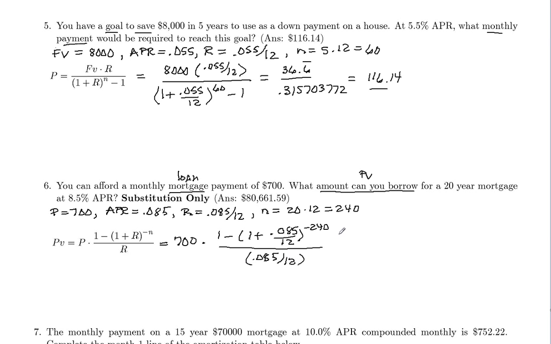All right, so then there's keying this guy in. Okay, now if it just says substitution only, you're done. But be a little bit careful when you key in. Here, this interest rate on the bottom's okay, but up here on top, be careful when you key in. You want to do your 0.085 divided by 12 plus 1. That gets the negative 240 power. Then subtract that answer from 1.